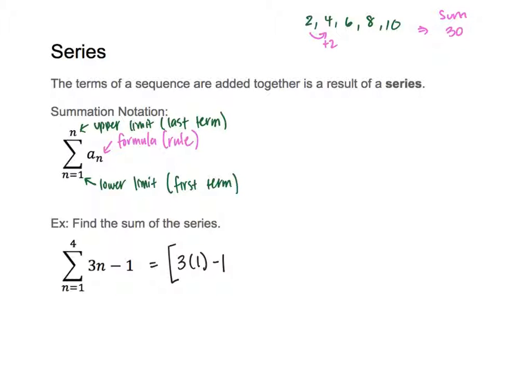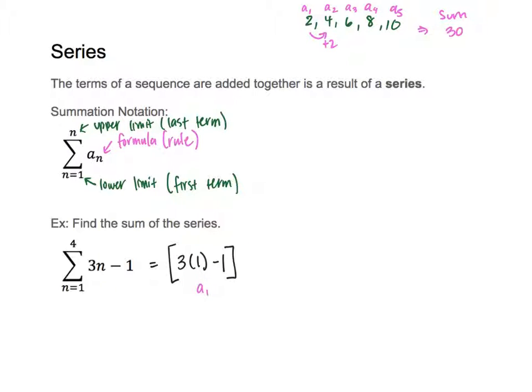But this only represents the first term, A1. Imagine this as your first term in the sequence, A1. This is A2, A3, A4, A5. The A's tell you which term it is, and the subscripts tell you what position it's at. Here, if this is going from 1 to 4, we should have 4 terms written here, and this is going to be the first term.